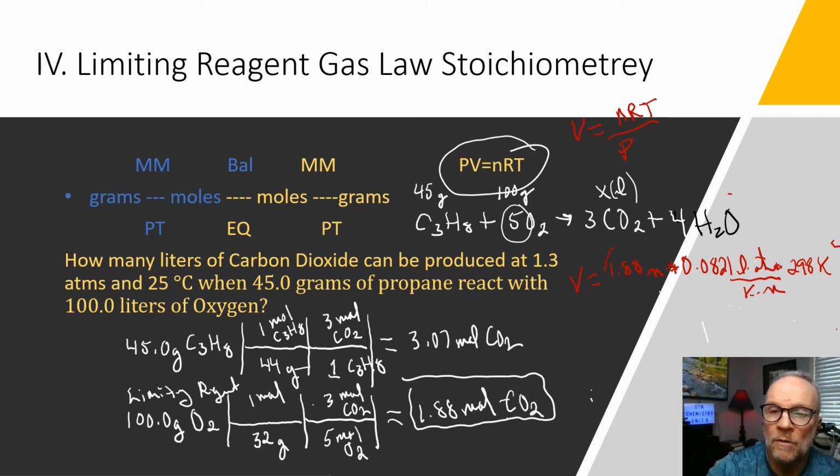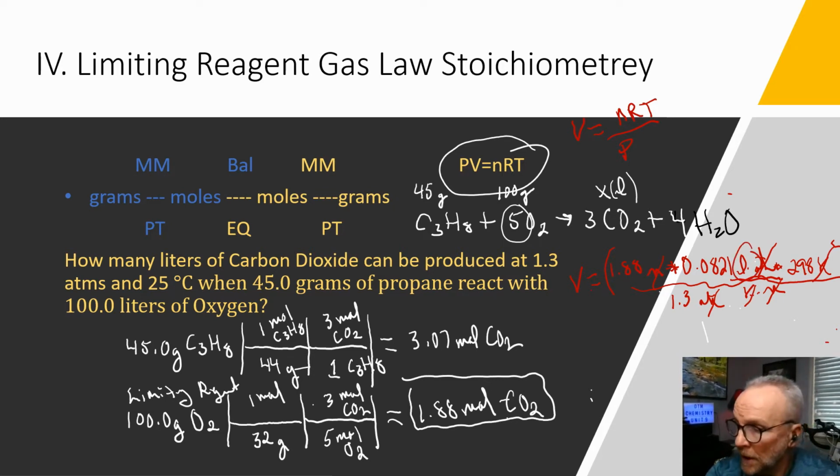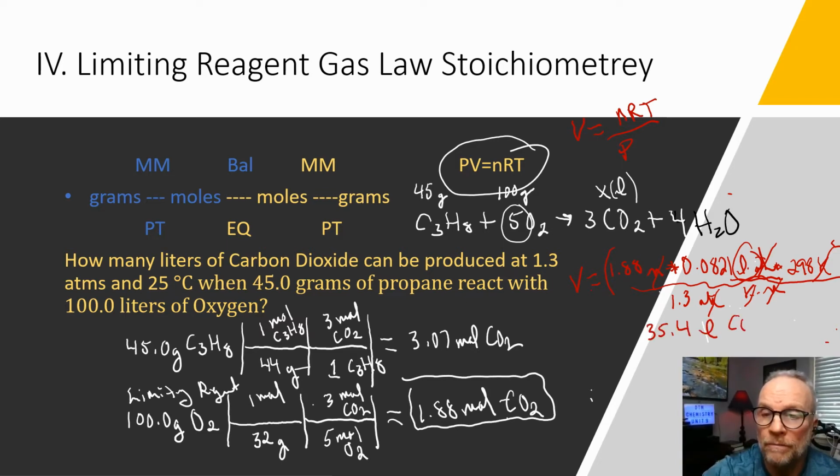All right, and so all that over our pressure value here, and our pressure is given to be 1.3 atmospheres. So atmospheres will cancel, moles will cancel, Kelvins will cancel, and our final answer will be in liters. And I believe if you do that, you get 35.4 liters of CO2. A lot of steps there, but very similar to the limiting reagent problems that we did before.